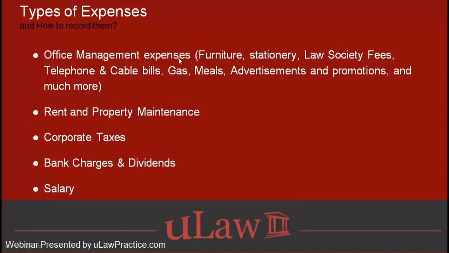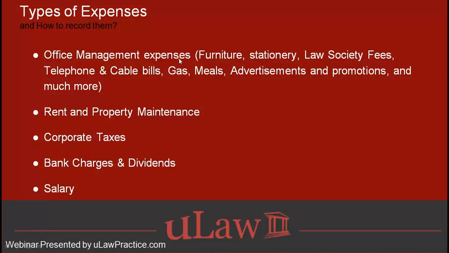Now, if you're part of memberships of other associations over and above the Law Society, then obviously there may be other fees. You may be part of SABA or CABL or OBA, the Ottawa Association of Lawyers. There are many different memberships that legal professionals have, and those would all be part of your office management expenses.